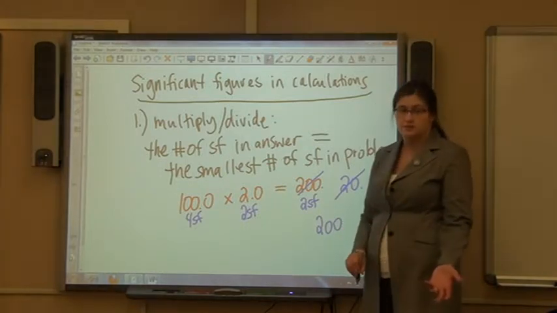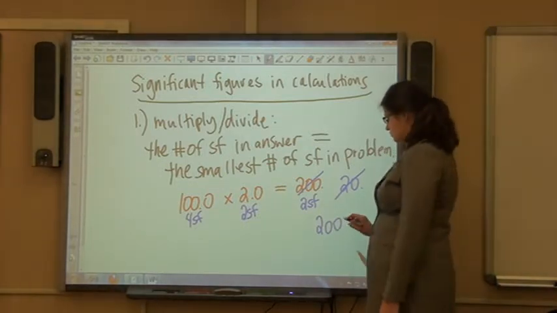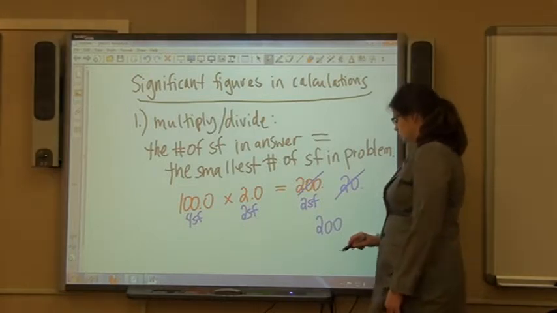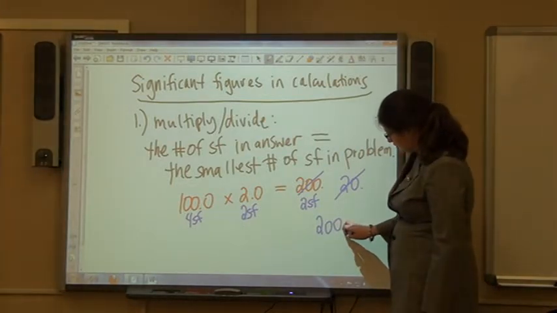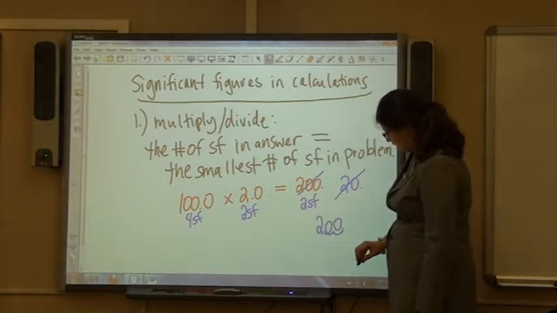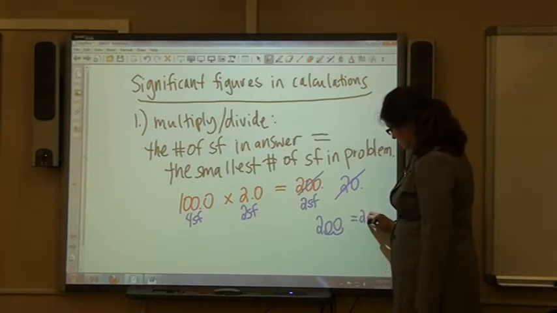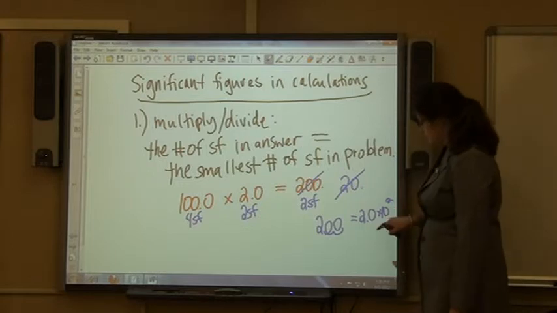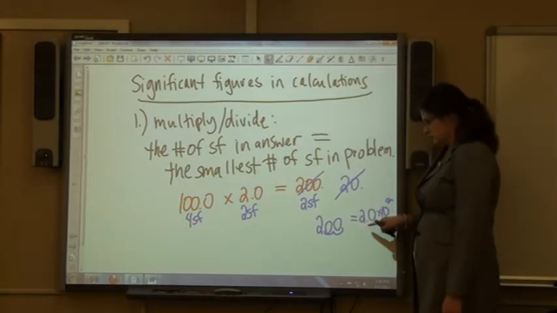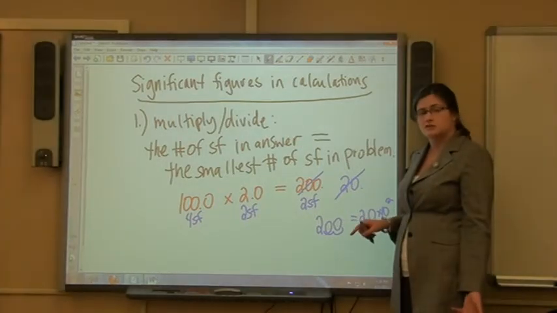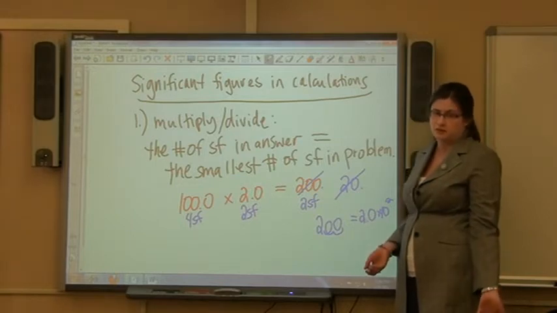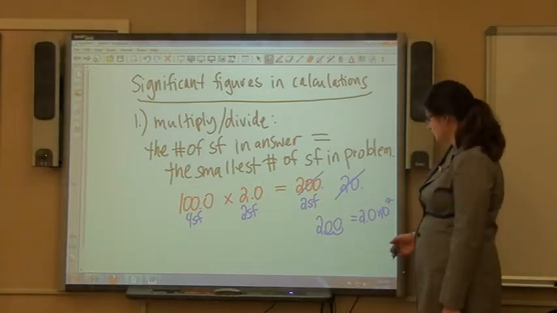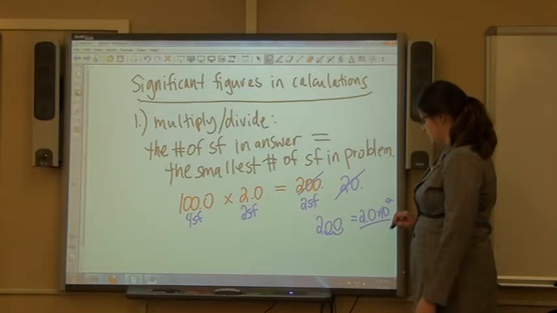Well, you have 2 options. The first option is to put it in scientific notation. So here's your decimal point. You're moving it over to the left twice, so that would equal 2.0 times 10 to the 2. The reason I only put 1 zero here instead of the 2 is because I can only have 2 significant figures. So I have 2.0 times 10 to the 2.